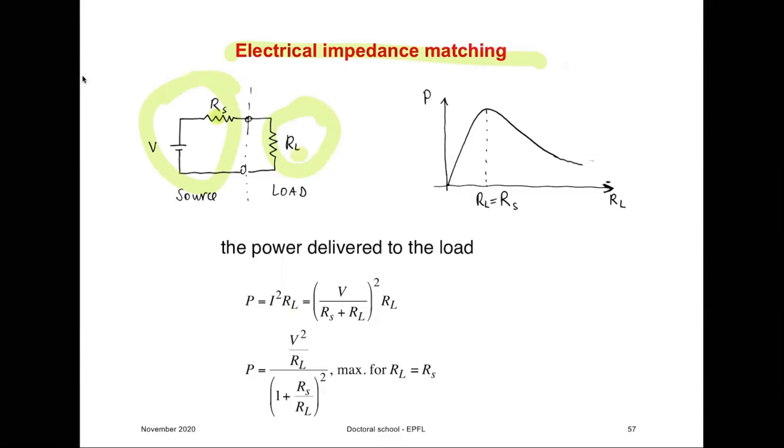So the impedances have to match, and the power delivered to the load is given by this, and you can find out that the maximum power is obtained when load and source have exactly the same impedances. And the same way it works with acoustical impedance matching. So for transfer of energy, these are similar concepts.